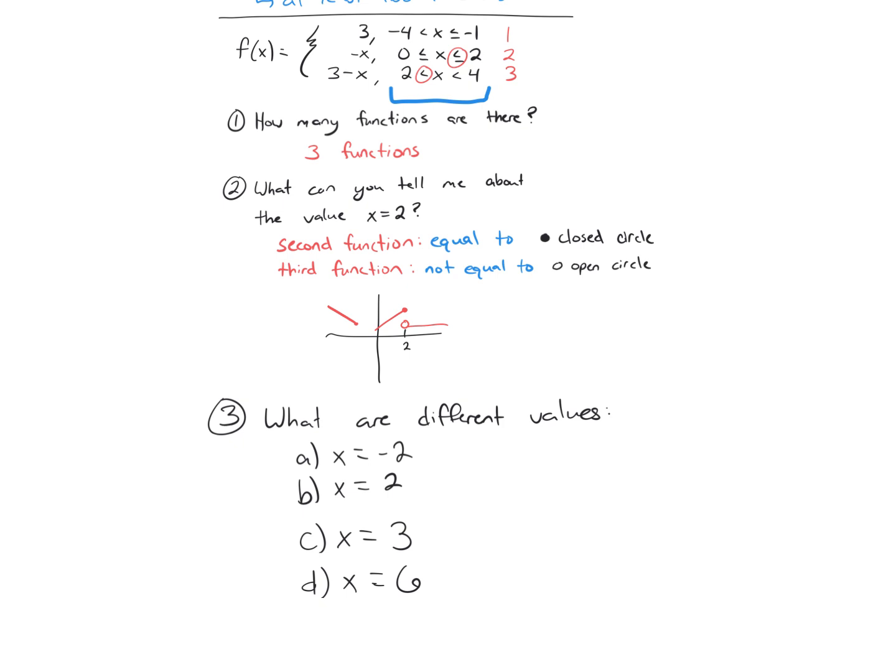So if I plug -2 into that first function, what do I get out? 3, right? That's the only option. So for x equals -2, the value would be 3.